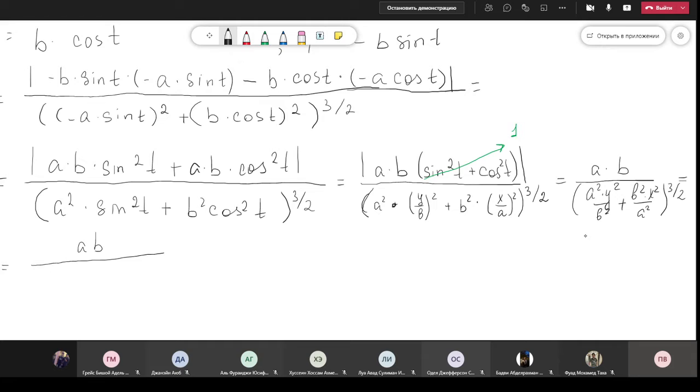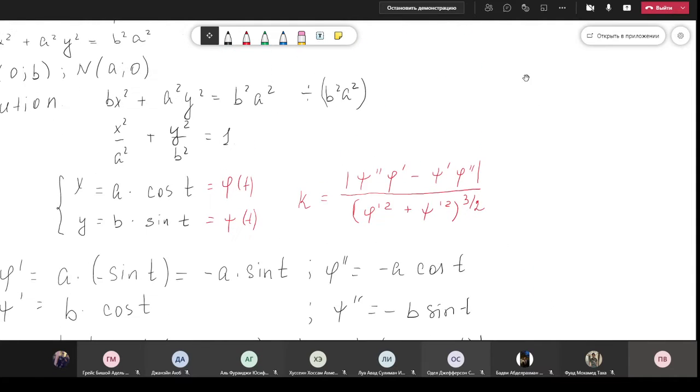Maybe we can stop in this. Maybe we stop in this. Then what we will do?